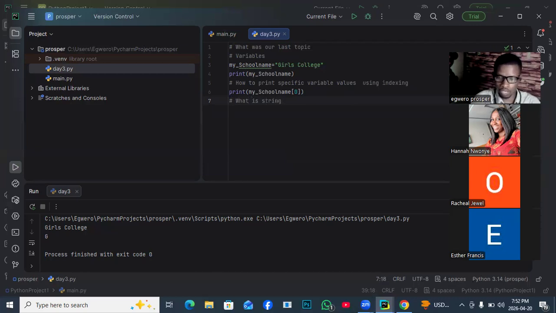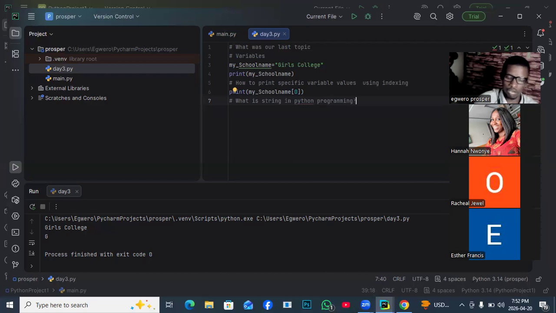So we are going to look at another data type in this section. What is string in Python programming? Can someone else try, Solomon? Solomon, can you hear us?